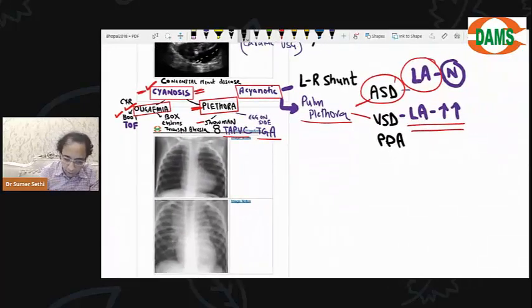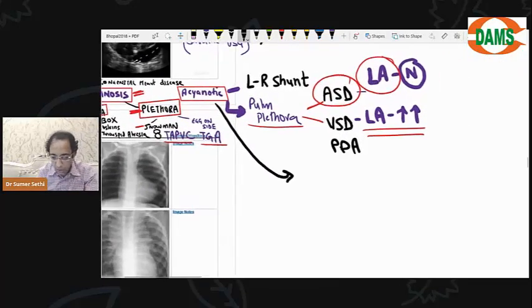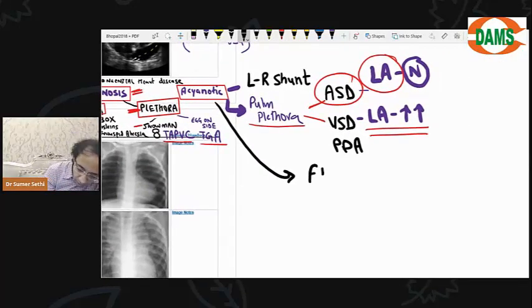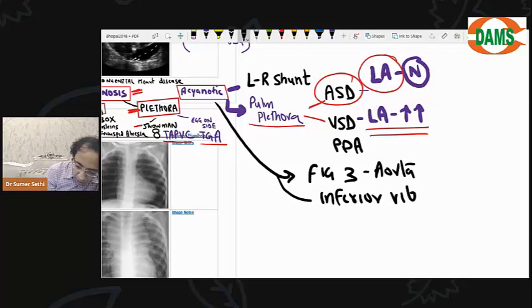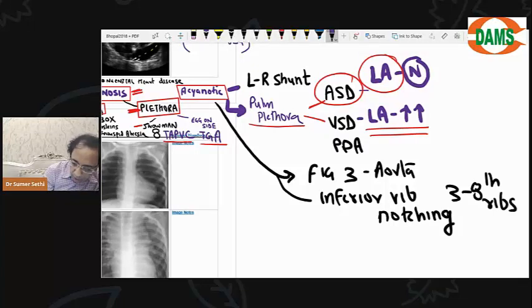Another thing I want you to remember is, if there is no cyanosis, but aorta is shaped like figure of 3, and you have inferior rib notching in 3rd to 8th ribs, you will make a diagnosis of coarctation of aorta. This inferior rib notching is called as Dock sign.